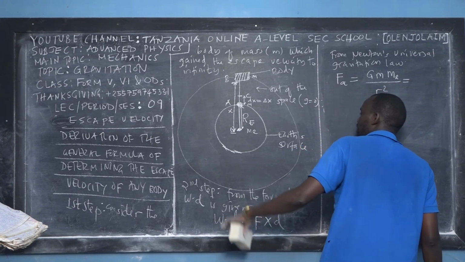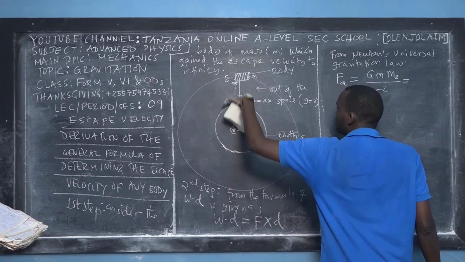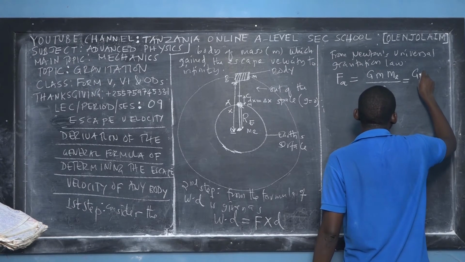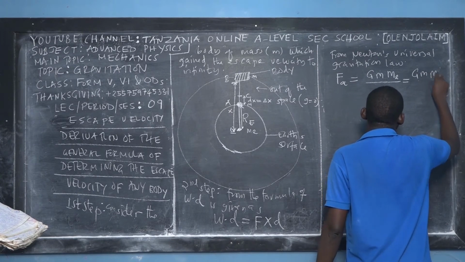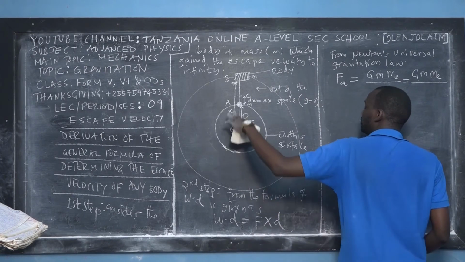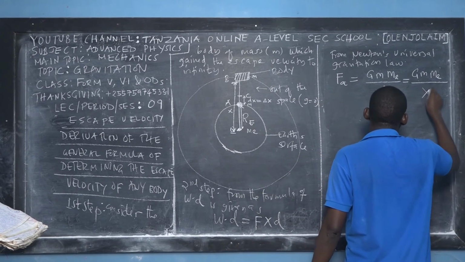The radius for this case is the distance from the center of the S to the point B. So this is the gravitational constant, mass of the body, mass of the S, over the radius, which for this case is x squared.